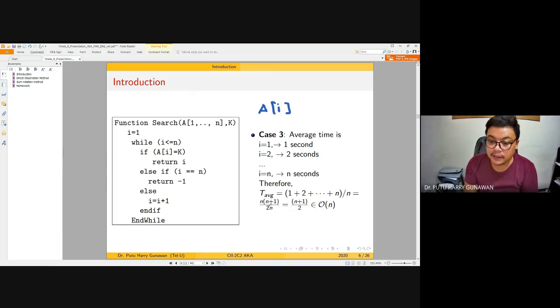Finally, this function is n times n plus 1 over 2, over n. Since n can be eliminated, this is n plus 1 over 2, and this is also big O of n. Okay, so this is the average case.